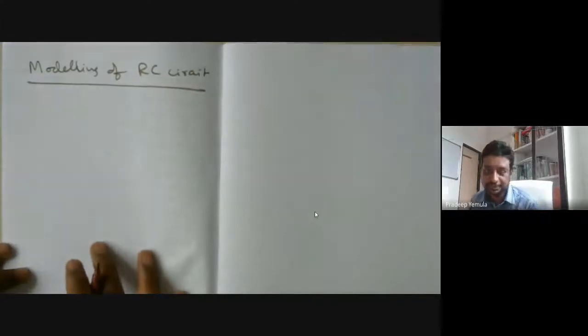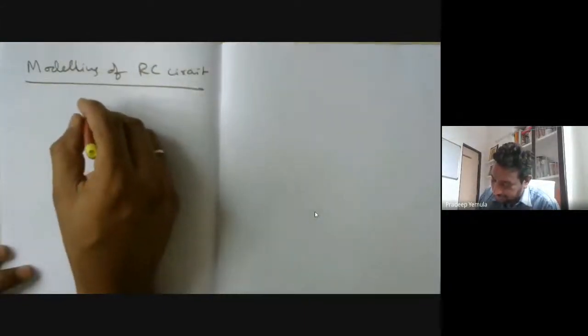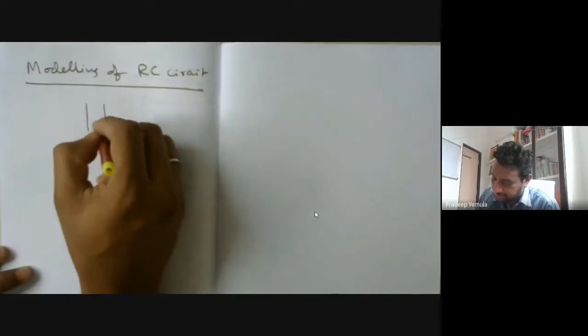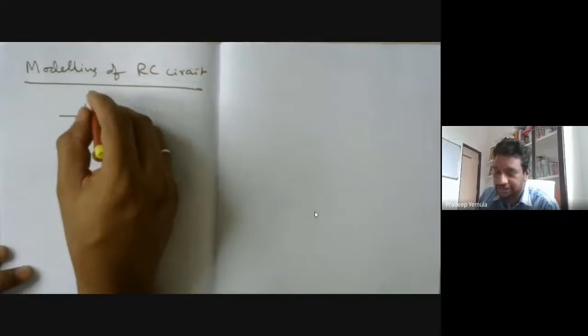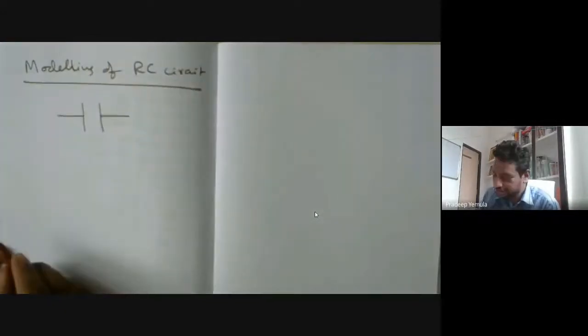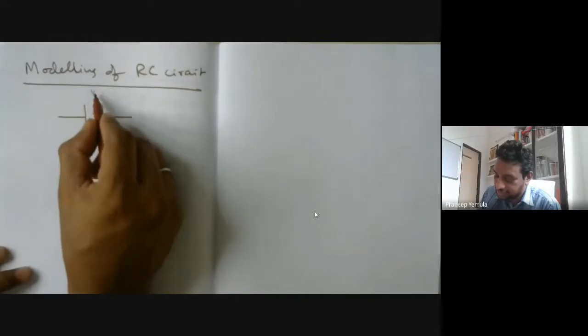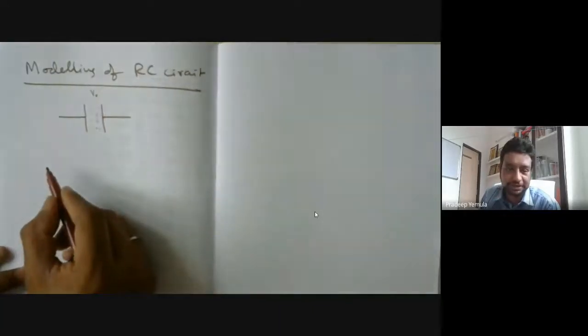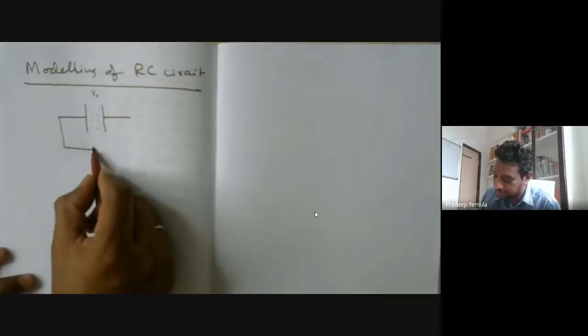Okay? So first thing is, you know that if you have a capacitor, okay? So this is a capacitor, and it is initially charged. So let's say V0 is the initial voltage, okay? And it is connected to a resistance.